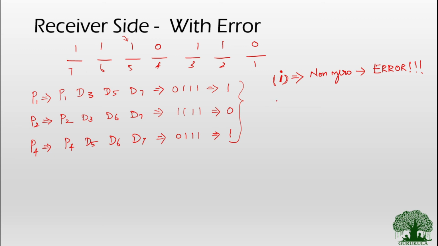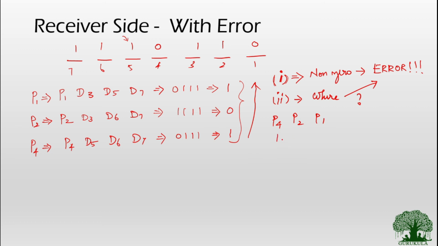Fine. So how does it correct? In order to correct it automatically, my system should know where exactly the error has occurred. Correct. So that should be the second thing which has to be addressed. So where exactly has the error occurred? Put the values in reverse order like this: you will have to replace P4, P2 and then P1 in this order.